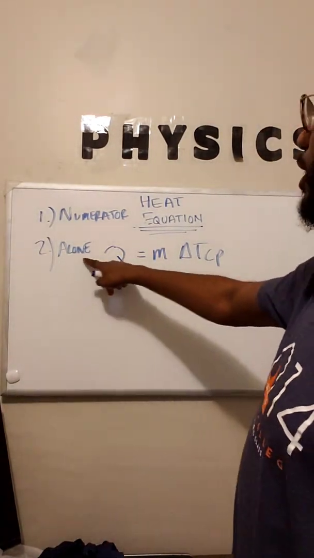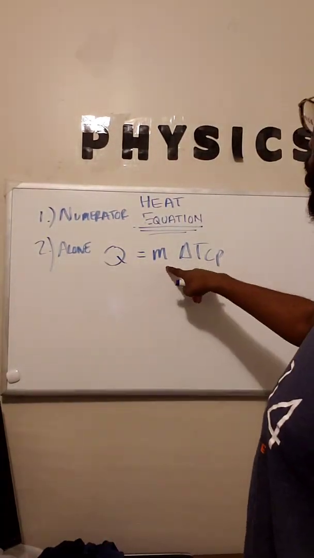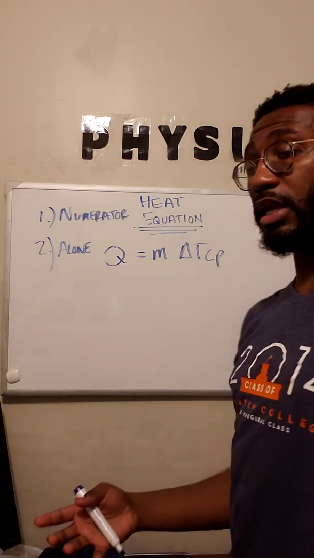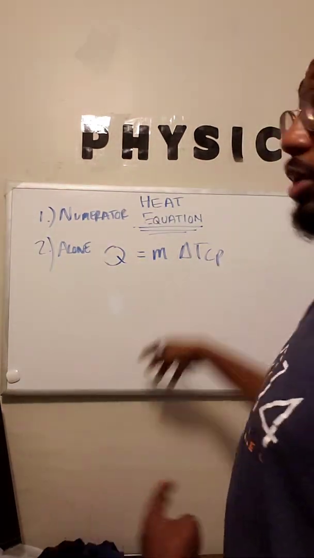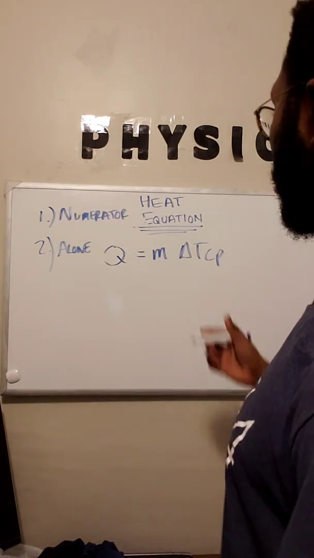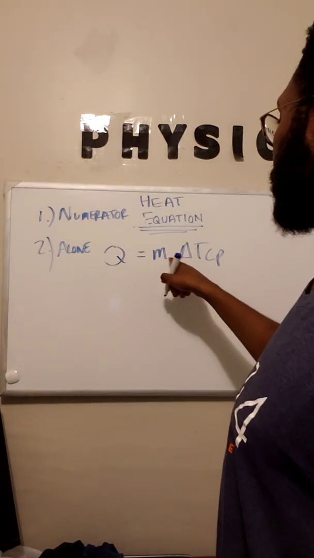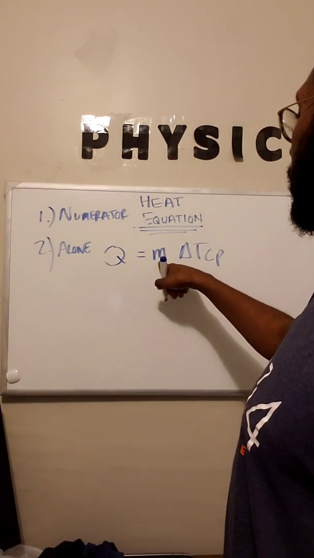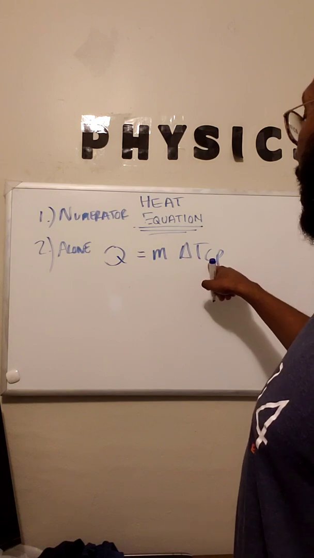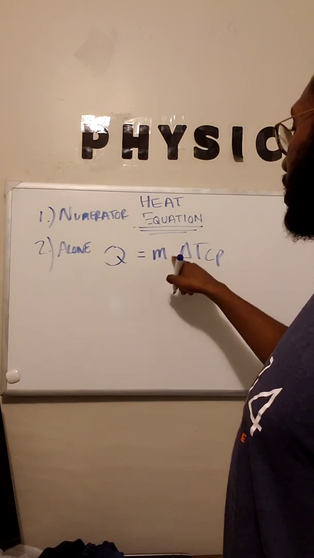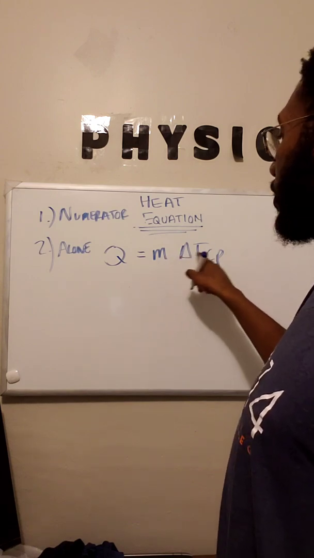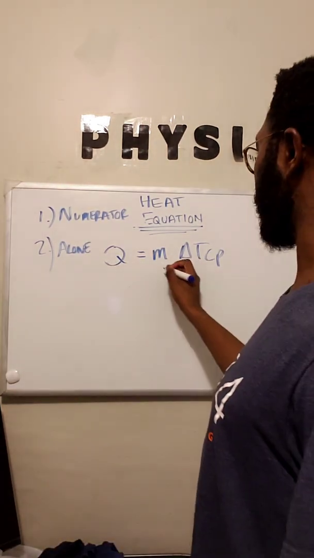But delta T is not alone. It's time for its friends to go back home. So it has to be alone. Delta T is also being multiplied by M, and delta T is being multiplied by the specific heat capacity because there's no operation between them. So we know it's multiplication.